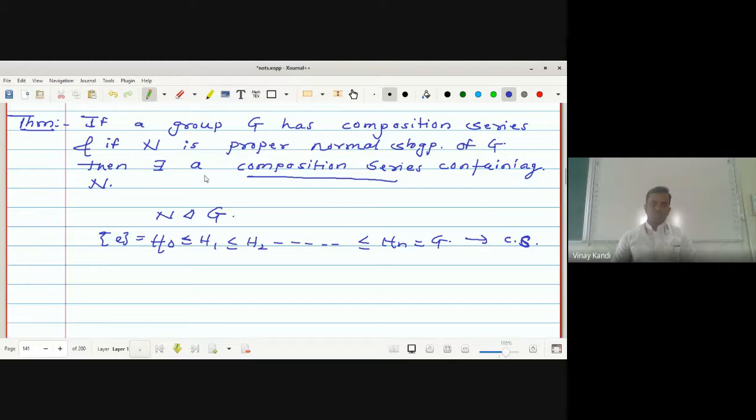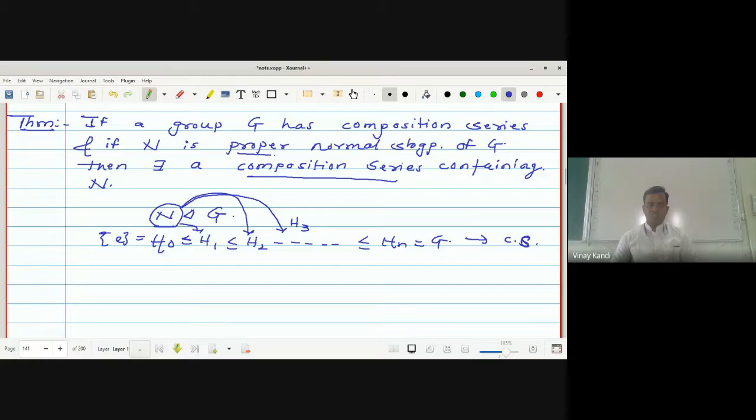So then there exists a composition series containing N. This N will be equal to either H1, H2, H3, H4 up to so on Hn minus 1. Why not Hn?